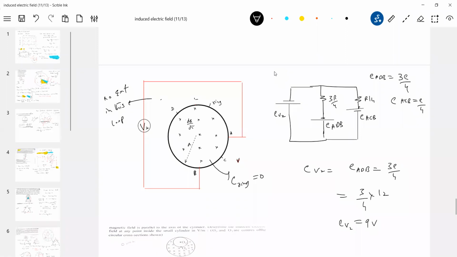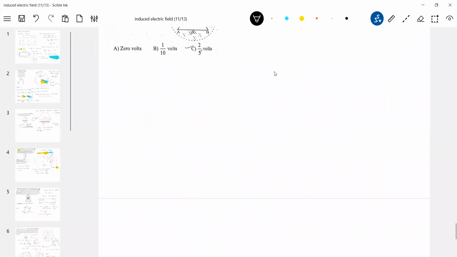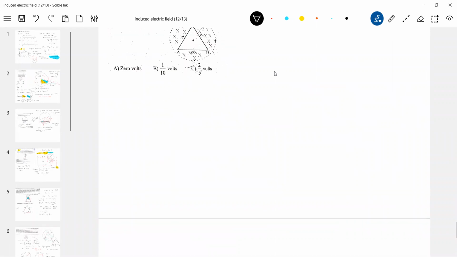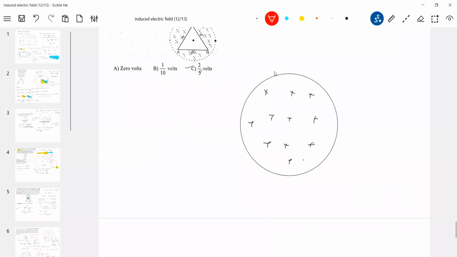In books, what happens? You have maximum only one loop. But I can bring a connecting loop. What is the general idea of such problems? You should slowly develop a more generalized understanding. This is the region in which the magnetic field is present. I can bring one loop like this, and I'll connect one resistor also here.